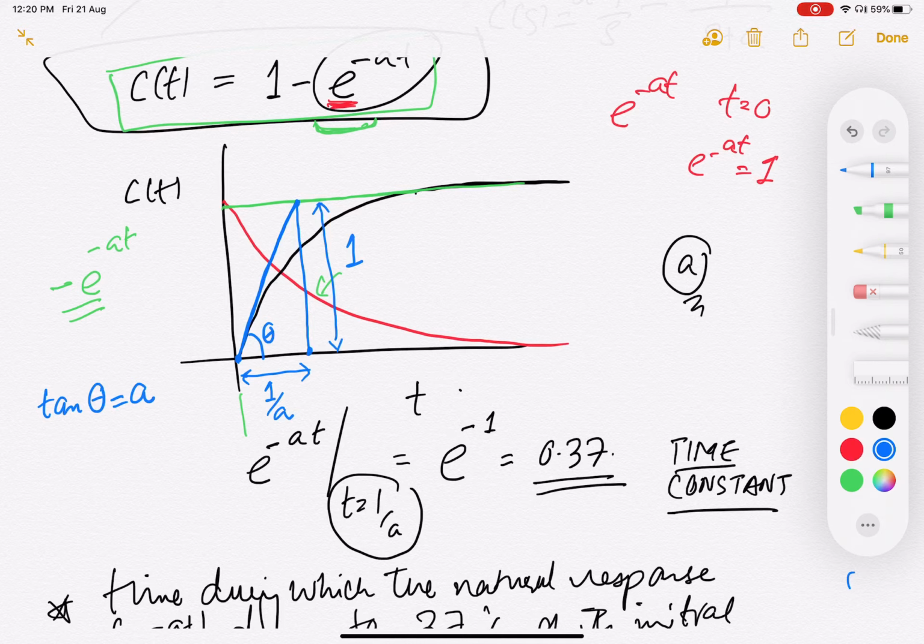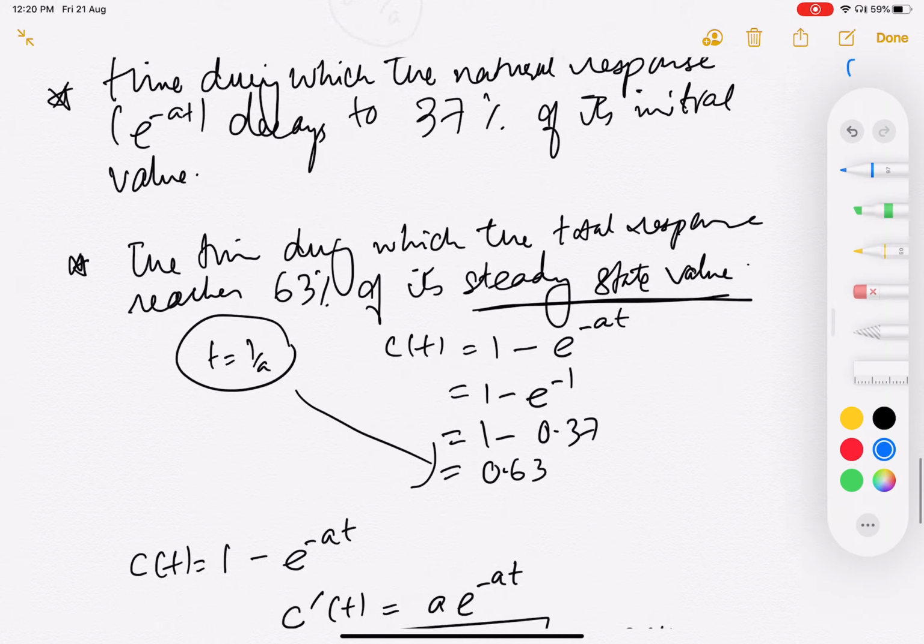Because you can see from the triangle that the rate of change initially was this, and then it also started decreasing, right? But assuming that the rate of change remains unchanged from t is equal to 0, then from this line here we know that the steady state would have been achieved within a time much before the actual achievement of steady state. And what would that time be? That time would be equal to 1 by a. And what is 1 by a? That is the time constant.